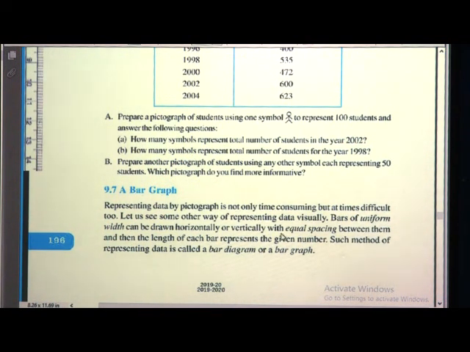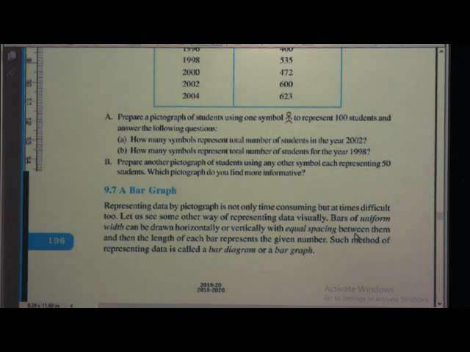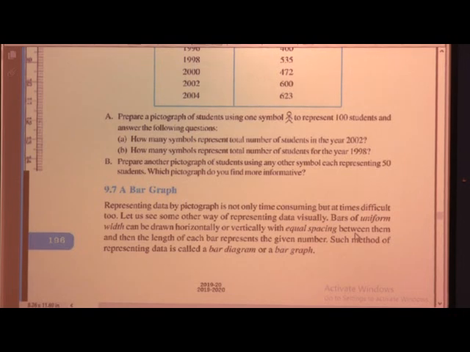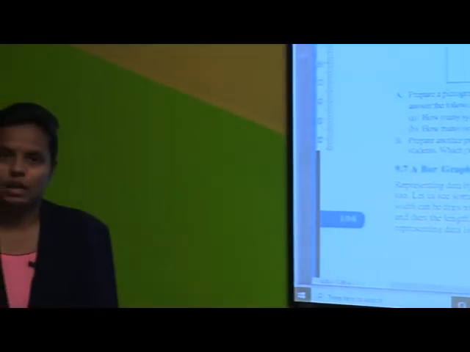So this is the representation of data visually, where we use bars of uniform width, which can be drawn horizontally or vertically with equal spacing between them. Okay. So we have seen different methods, different ways in the tabular form to represent the data and to organize the data. So this was all about the lesson data handling.